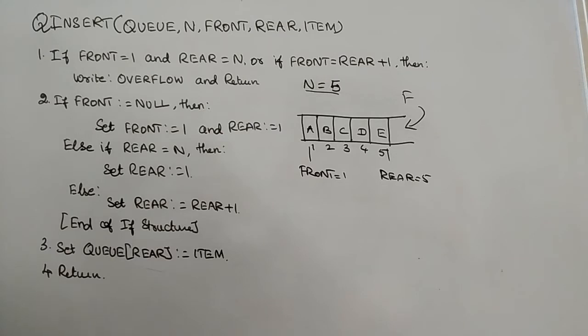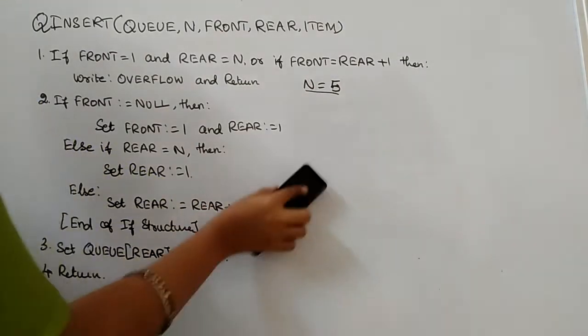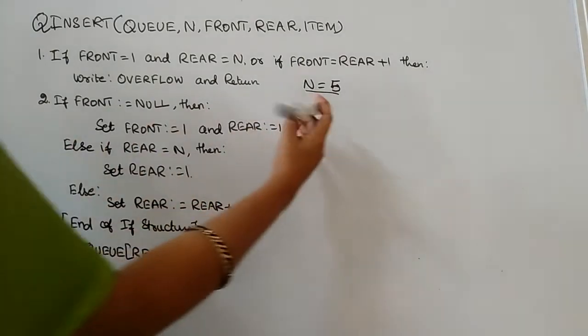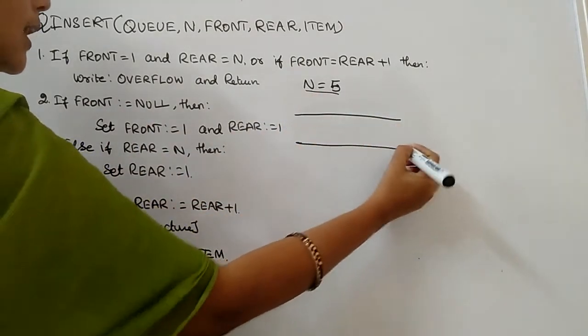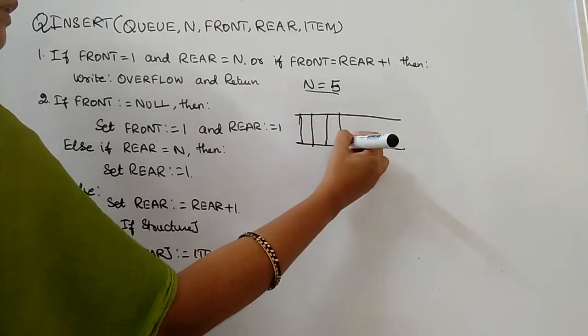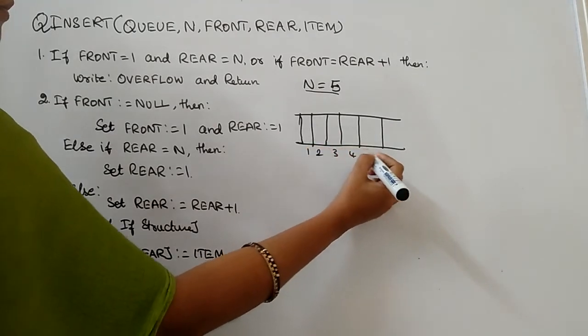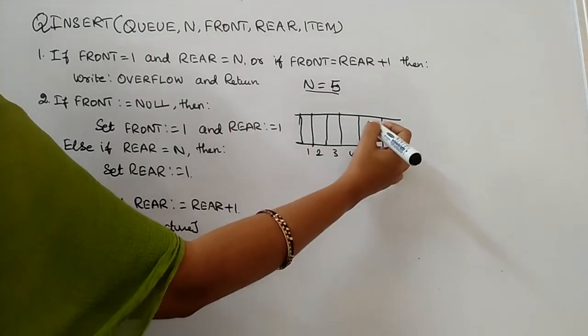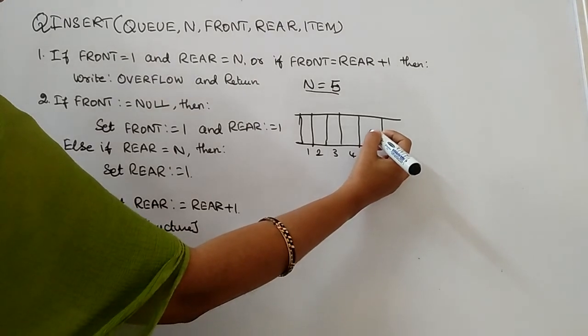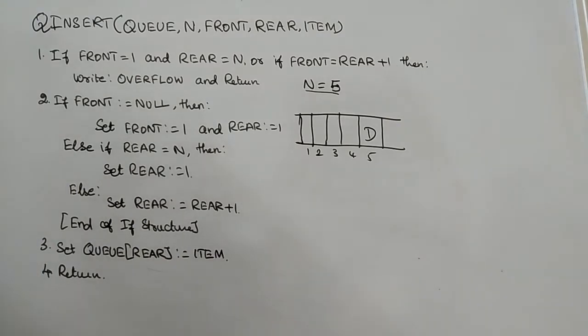Now the next condition. Whenever we assume, say, positions 1, 2, 3, 4, 5, and I have just one element at the other end, for example D alone here.